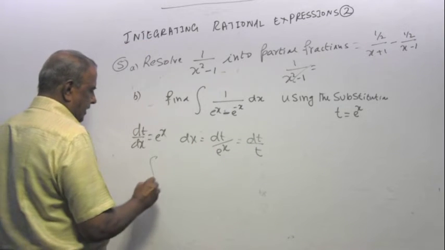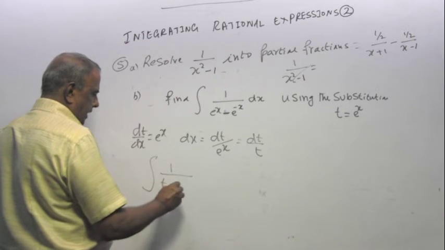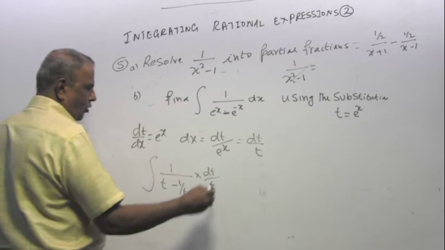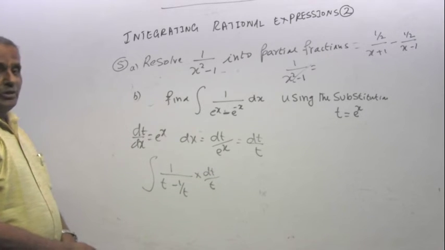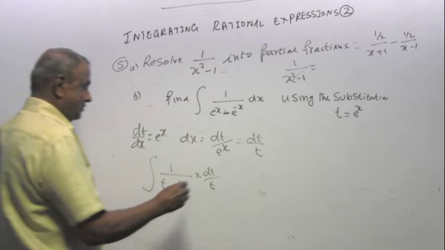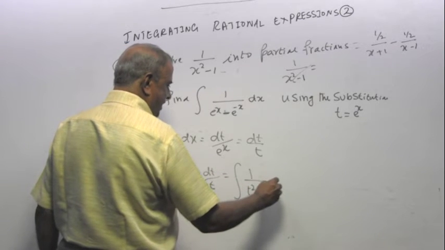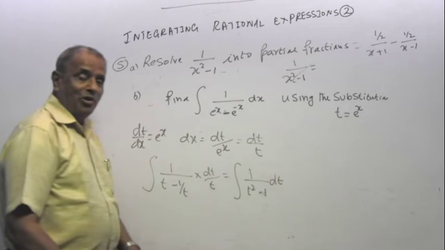So it becomes the integral of 1 over t minus 1 over t times dt over t. Are you seeing the link? That's the integral of 1 over t squared minus 1 dt. Now do you see the link?